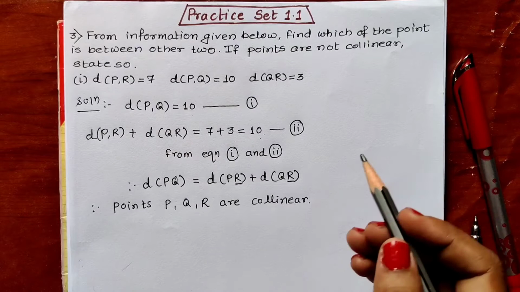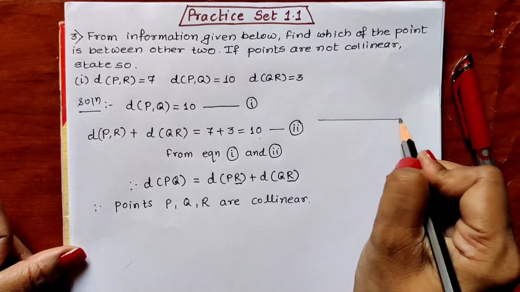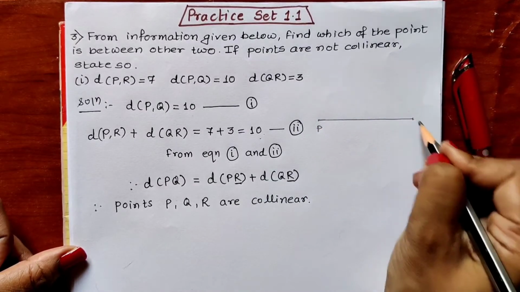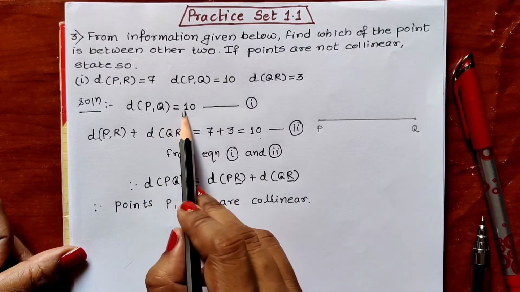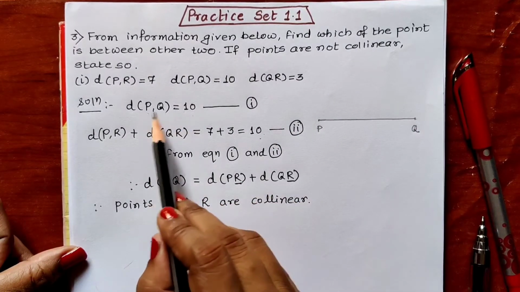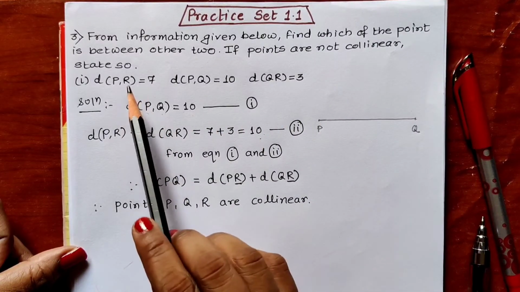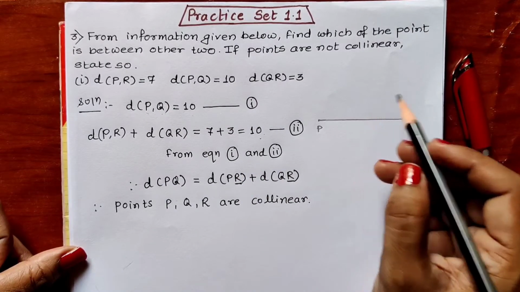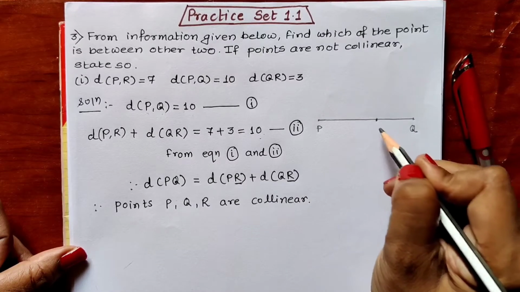If we draw a line segment here, point P and point Q are the end points, because distance PQ is the greatest distance, and that's why P and Q are the end points. And the remaining third point, which is point R, will be in between point P and Q. It may be somewhere here also.